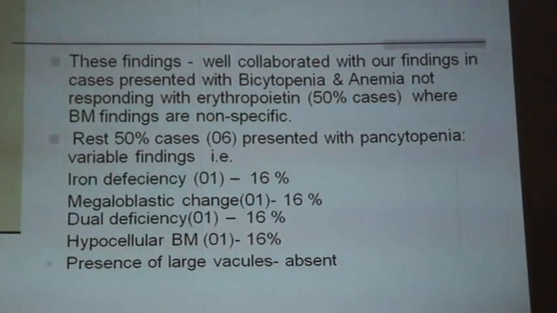We have not noticed it in any case, but it has been said these vacuoles usually appear after 7 days of starting alcohol intake, and if we stop, they disappear within 14 days. Maybe because all these patients are admitted to hospital, they are not under the influence of alcohol. That's why maybe we are not getting this common finding.